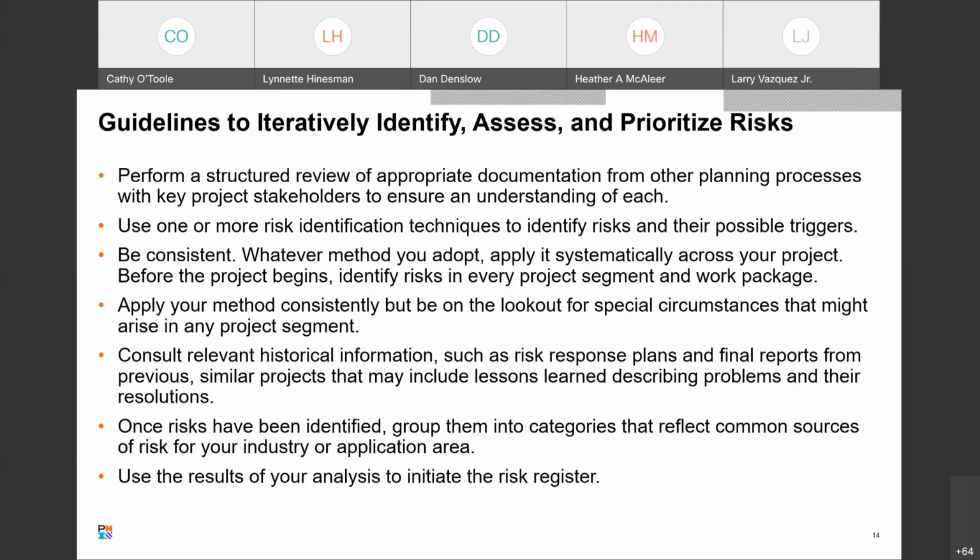And then once the risks have been identified and you've categorized them and so forth, then all of this becomes your risk register, if you will. And you can just think of that as like an Excel spreadsheet where one column says, okay, here's the risk, here's the description, here's what we're going to do if it happens.